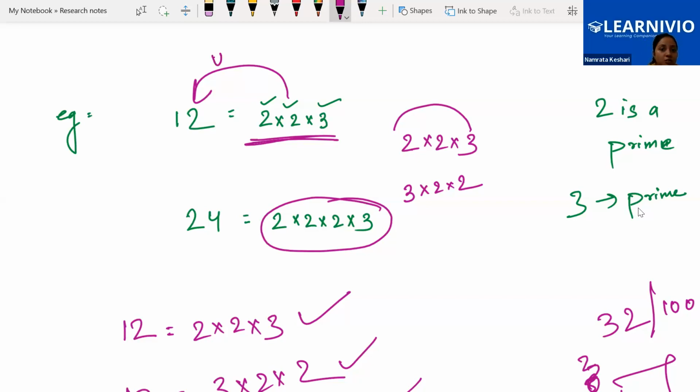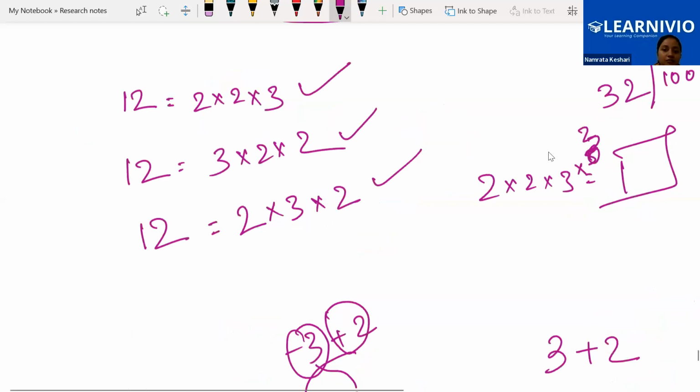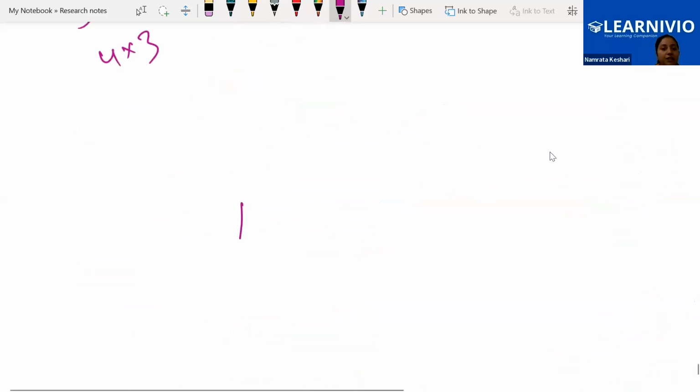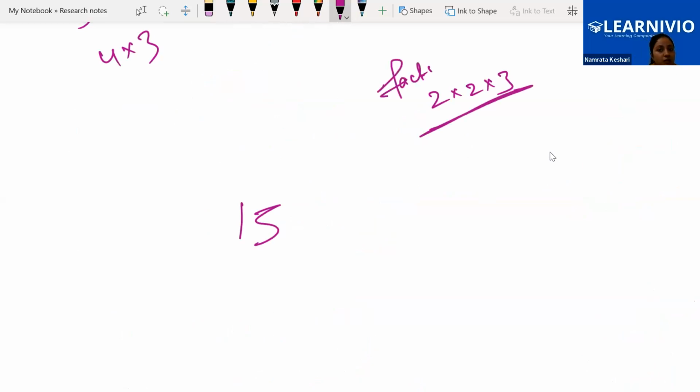This number is unique. The factorization which we have got for this number is unique. I cannot say that we will take any other number, 15, and that will also give the factorization 2 into 2 into 3. That is not possible. This factorization is unique. Only 12 can give this factorization.